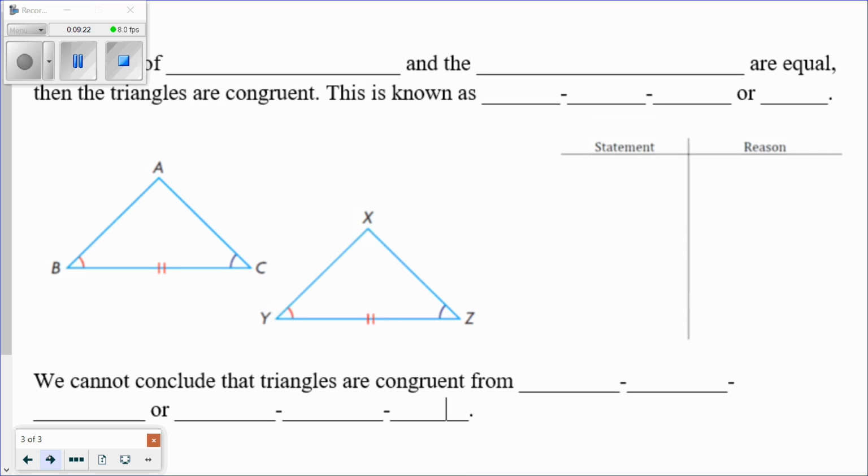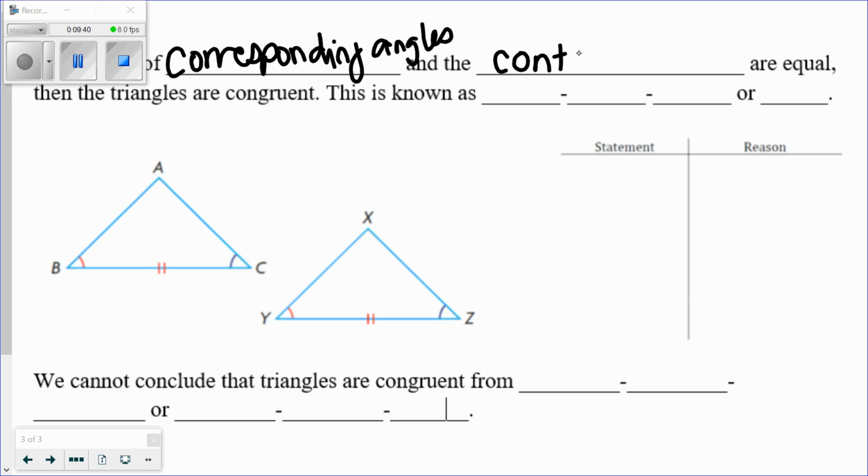So the next one is saying if two pairs of corresponding angles and the contained side, so I'm writing that word contained again, contained side are equal, then the triangles are congruent.